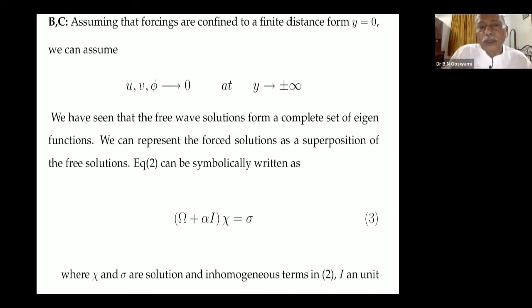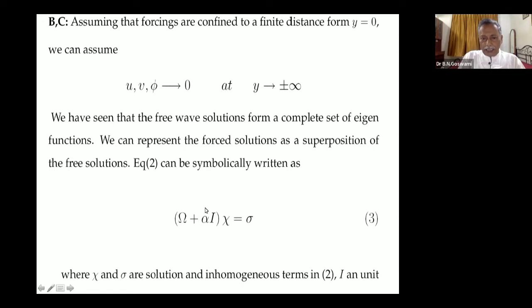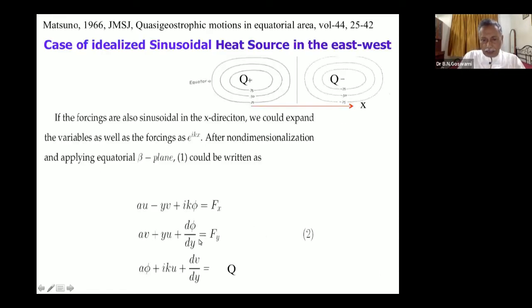We can expand the forced solution in terms of this complete set of free solutions, and then find out which are the modes that will actually have amplitude, and that is the basis for this analysis as we go along. So with that, we can simply write this in a matrix form. This equation can be written. The left hand side is written here, and this sigma is a matrix which involves these forcing functions.